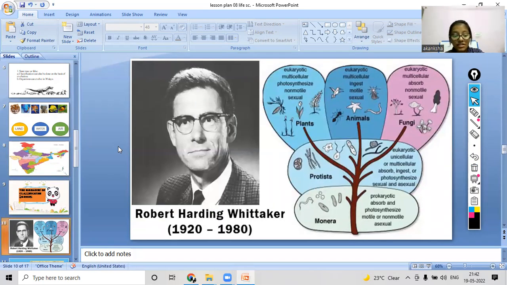This is a scientist named Robert Harding Whittaker. He gave the classification of different organisms, and the main five categories he gave were plants, animals, fungi, protists, and Monera. So these were the different classifications he gave of organisms. And in plants, which organisms come?